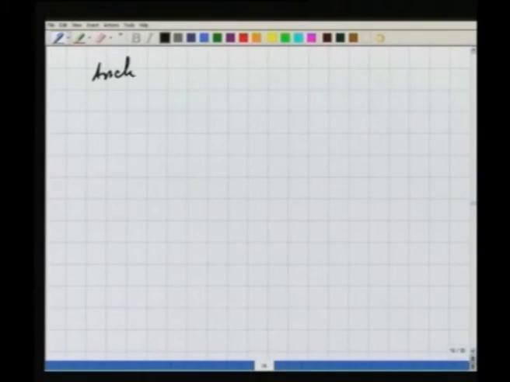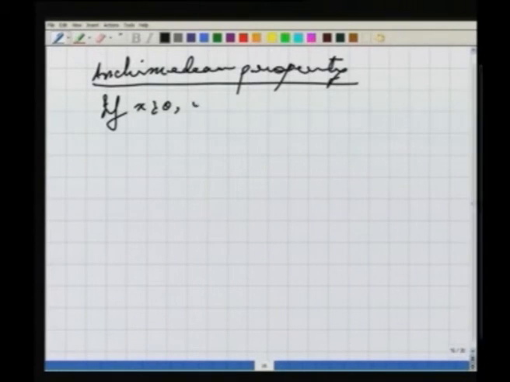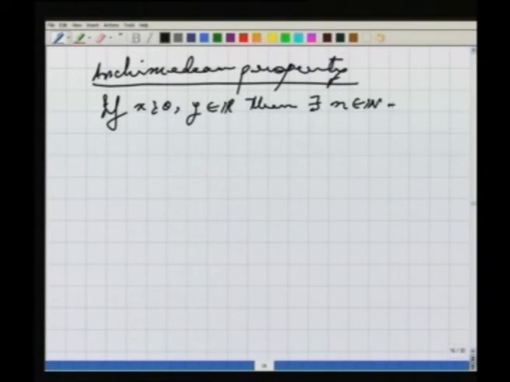Well, that is what we wanted to prove. This is called the Archimedean property. So, the precise statement of this is, if x is a positive real number and y is an arbitrary real number, then there exists a natural number n such that n x is strictly bigger than y.